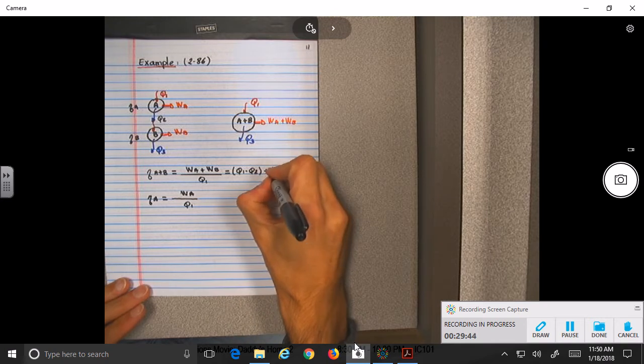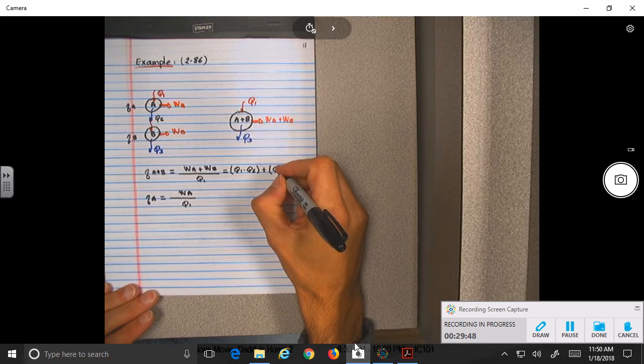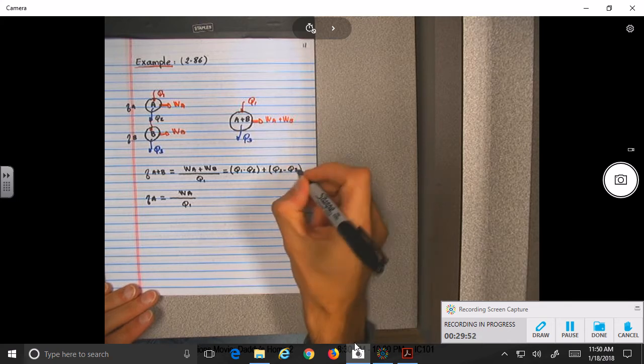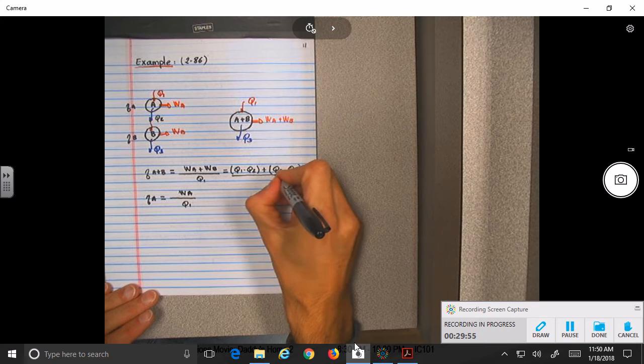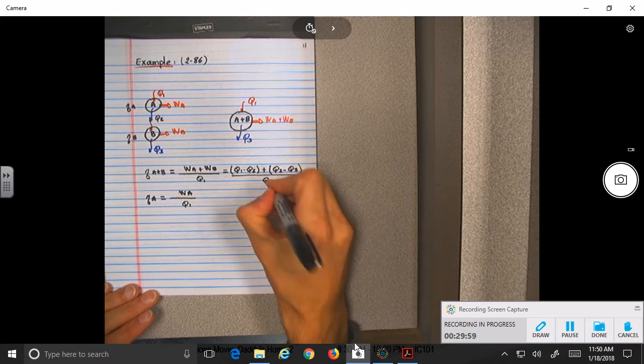And the work of B will be equal to what? Q2 minus Q3, divided by Q1.